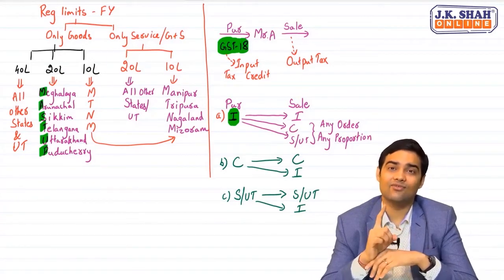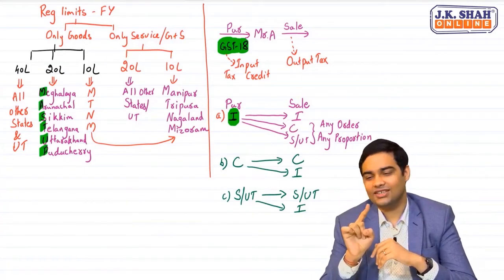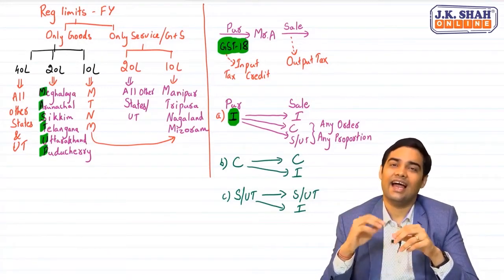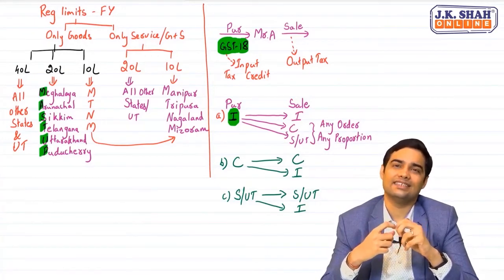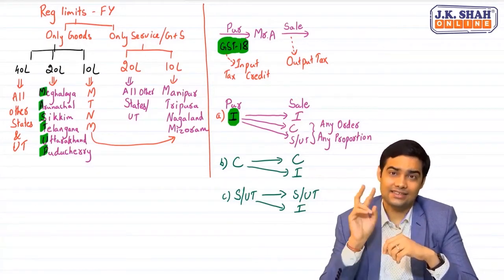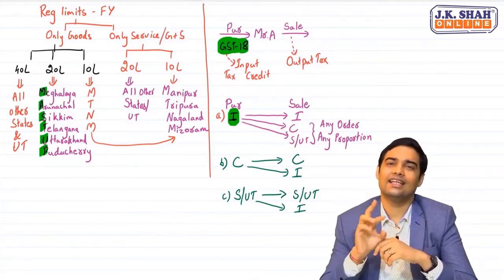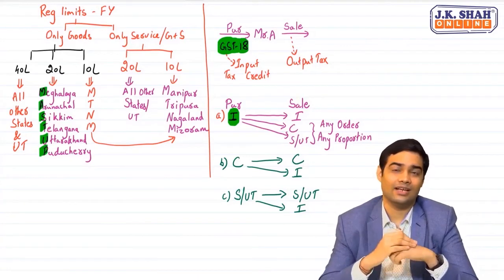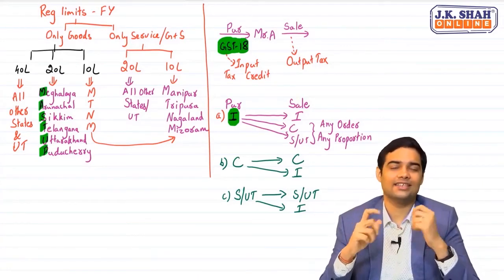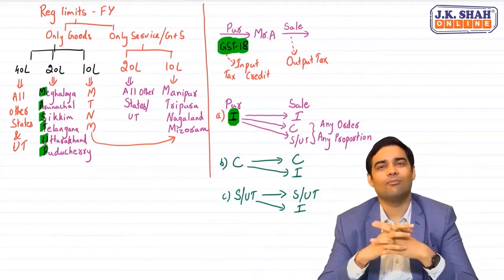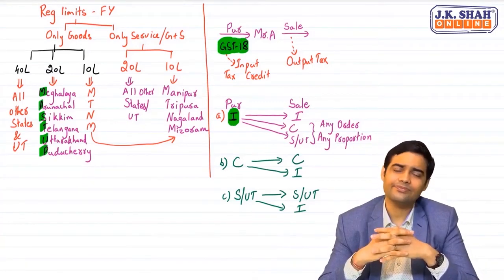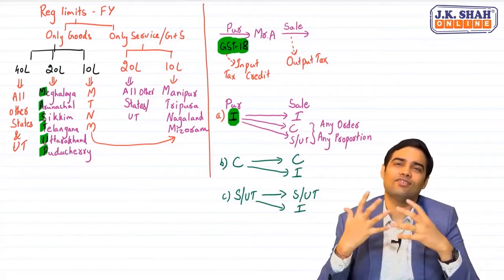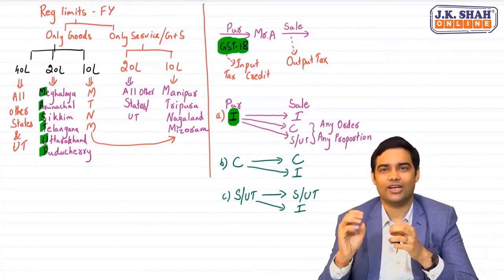And whenever you are utilizing I, first utilize I with I, then I with C or S, and only then move towards ITC of C and S. C has to be first used against C, then C with I, S with S, and then S with I. Don't forget this order of utilization, very important for any computation related question. So this was a brief on utilization or working of input tax credit.